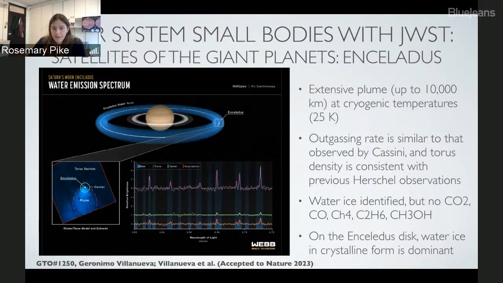So previously they have found carbon dioxide on the surface, and the lack of detection is probably just a geometric effect because it's near the poles. But long-term monitoring of the surface of Enceladus and other moons can also help us understand the composition of a lot of the major planet moons.